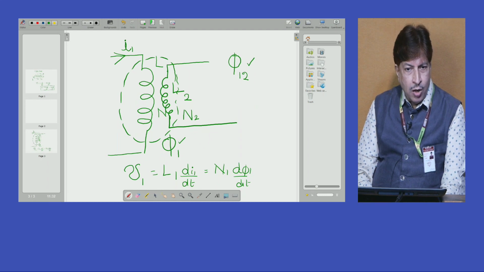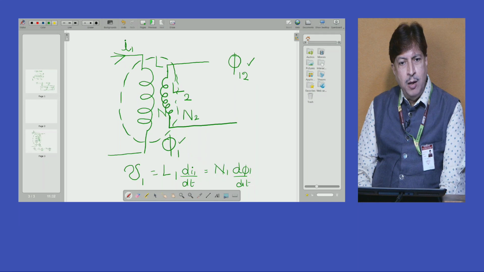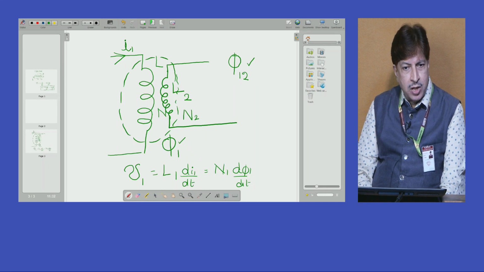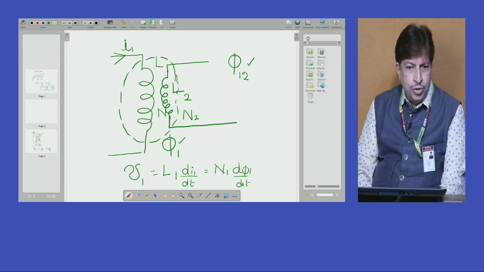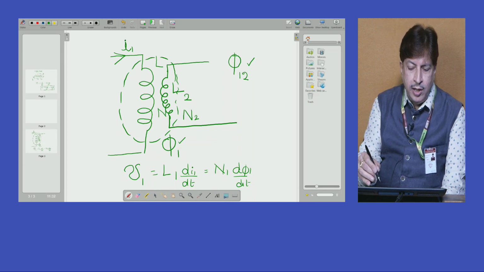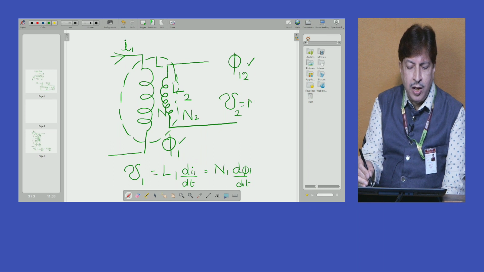Accordingly, now another EMF you are observing in the situation, and that EMF is induced in coil number 2, and that EMF we are calling mutual induced EMF.